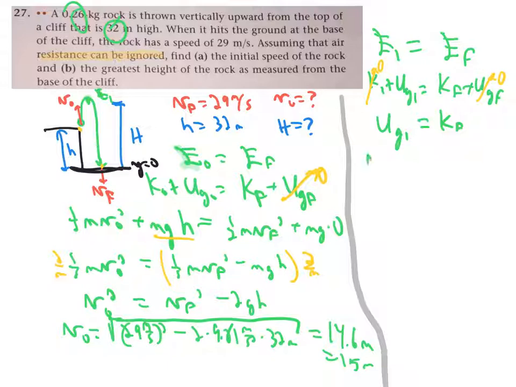So we have mgH is equal to 1/2 mvf squared. And now I can cancel the m's again. That's kind of interesting. As said before, often in gravity, things like that cancel. I'm left with gH equals vf squared over 2.